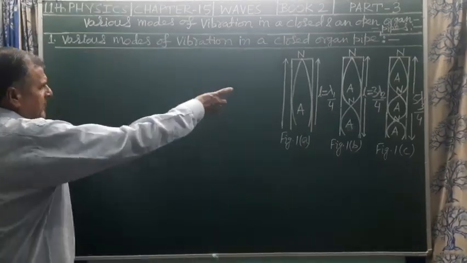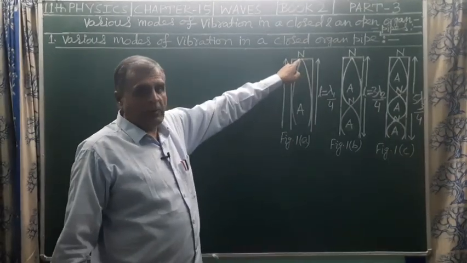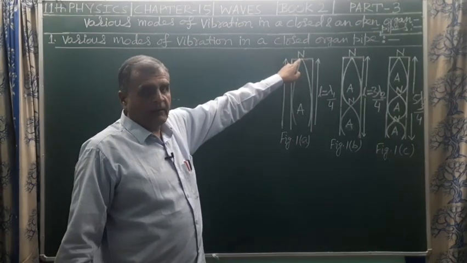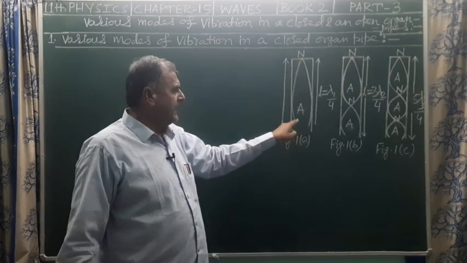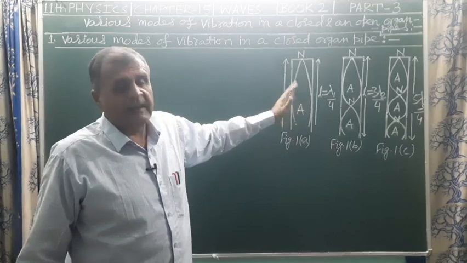So in the simplest mode of vibration, a node is formed at the closed end of a closed organ pipe, while an antinode is formed at the open end of the organ pipe.